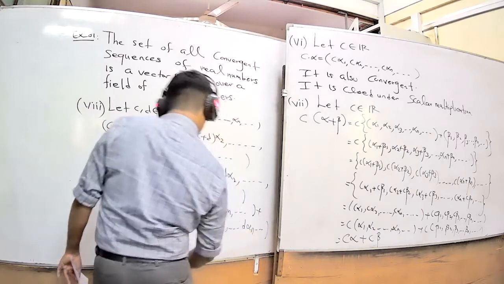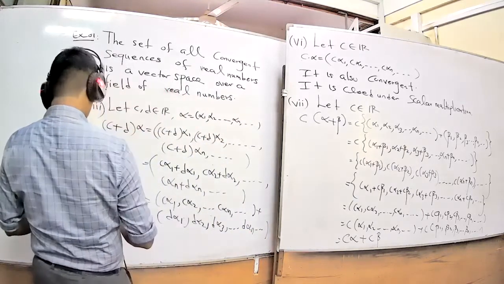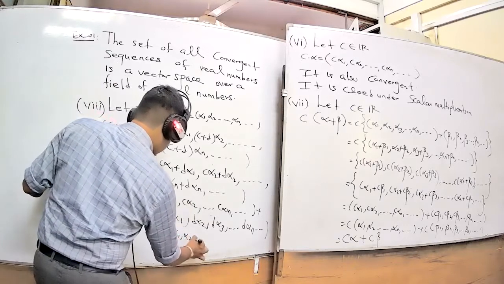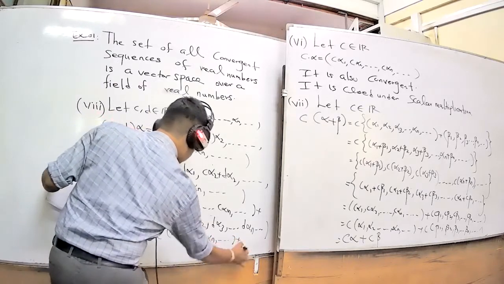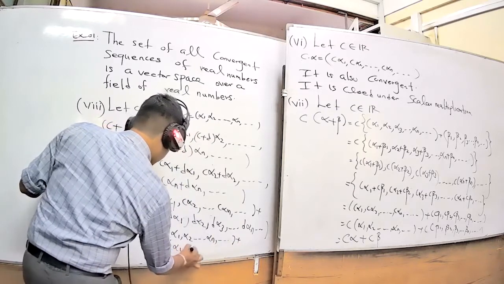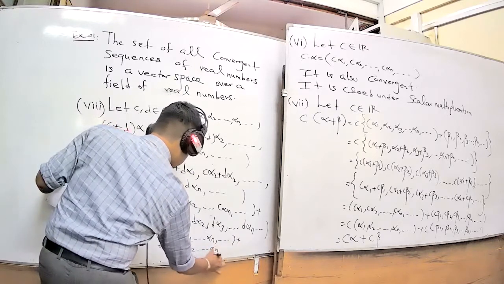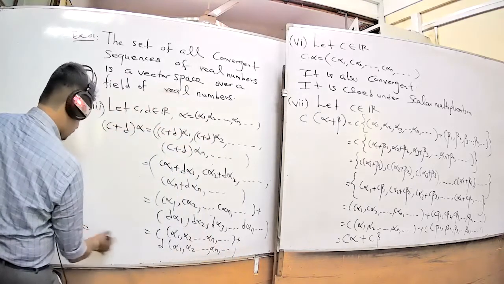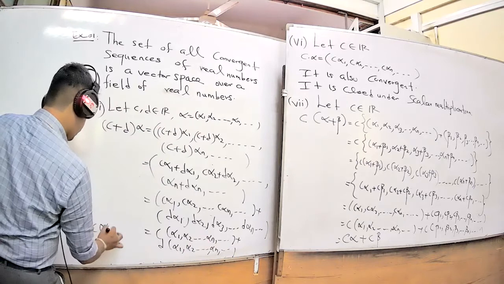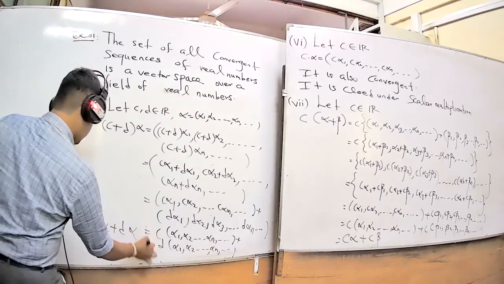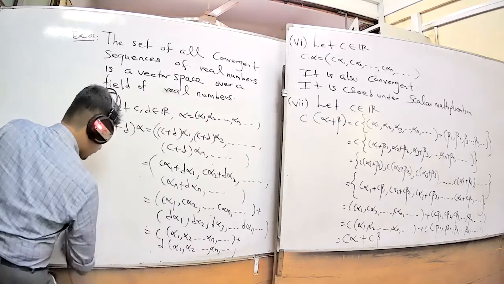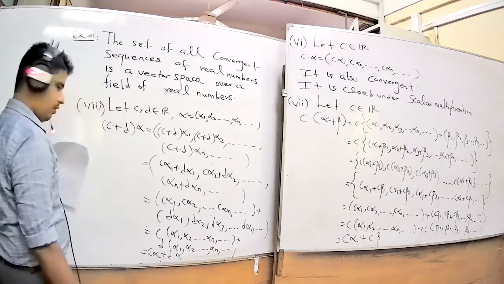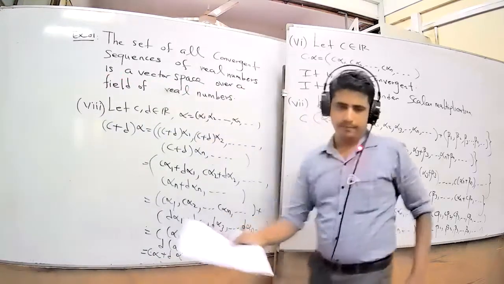So this is c times (alpha 1, alpha 2, ..., alpha n) plus d times (alpha 1, alpha 2, ..., alpha n). So this is c alpha plus d alpha.